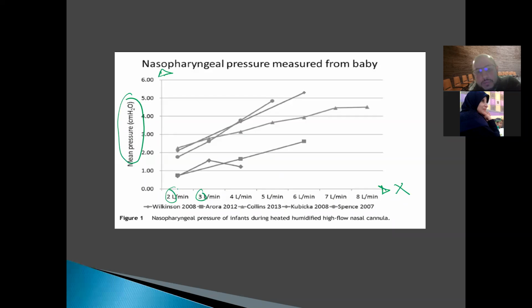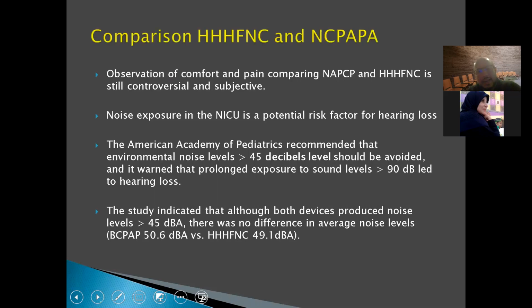If you look at 2 liters, you see how much pressure is generated, the same line. If you go up to 6 liters, you generate higher pressure. But you can see there is variation from one study to another. You can see study 2008 versus others, those lines are different studies. Each study has different variation, there is no consistency, because it depends even on the interface they are using.